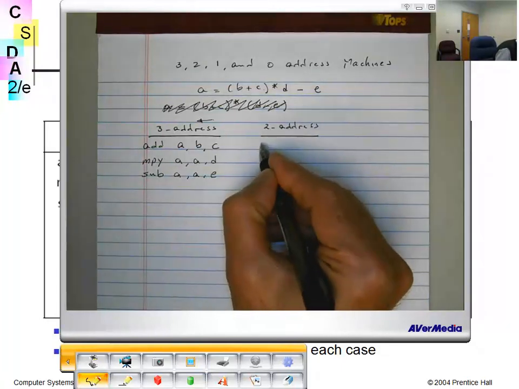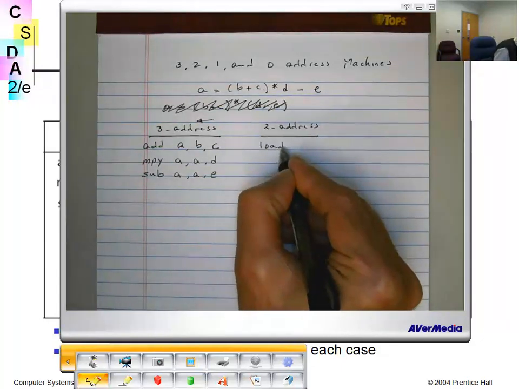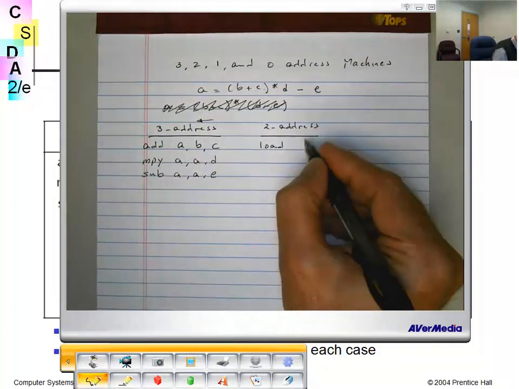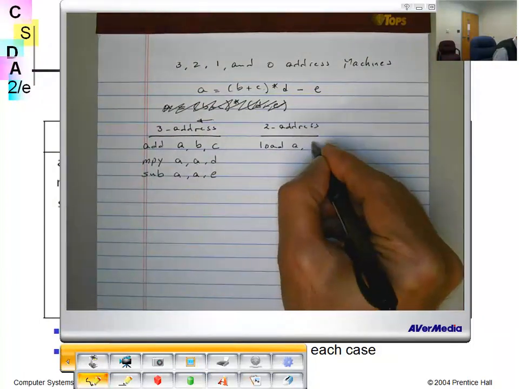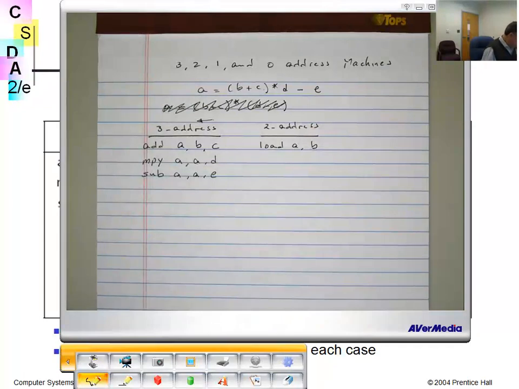In two-address machine, I'm going to load B to A, right?